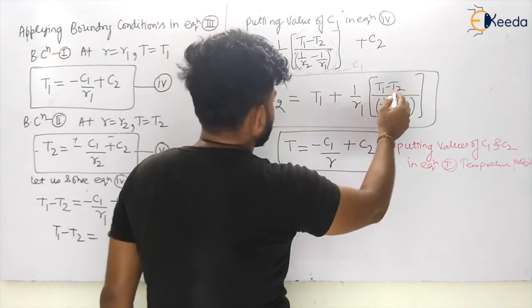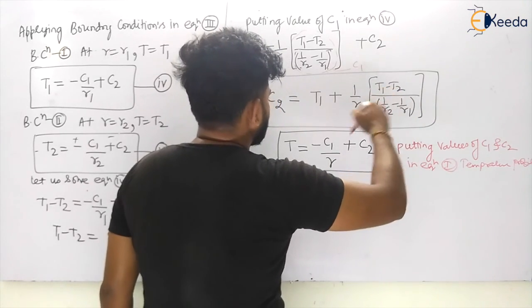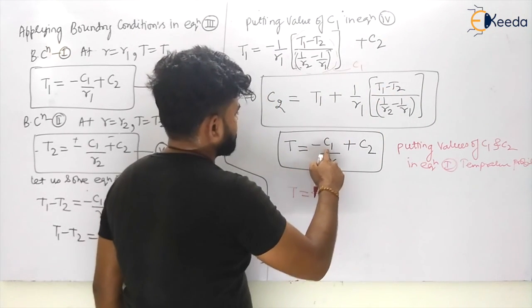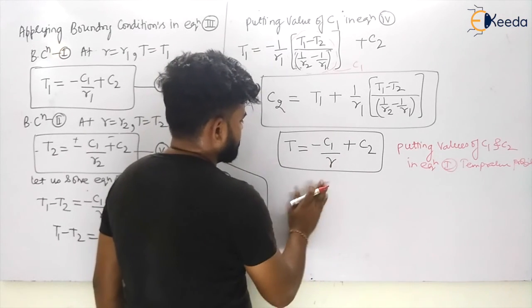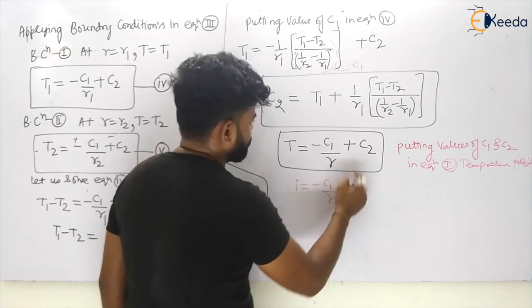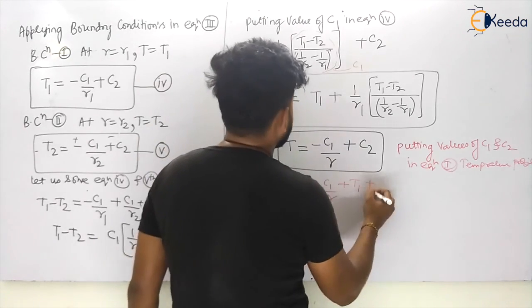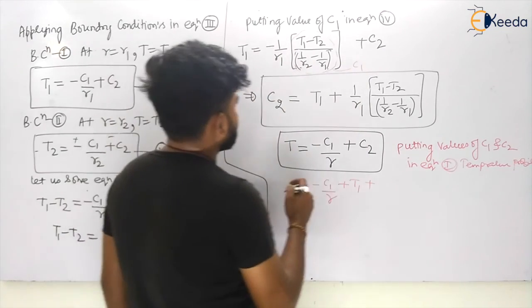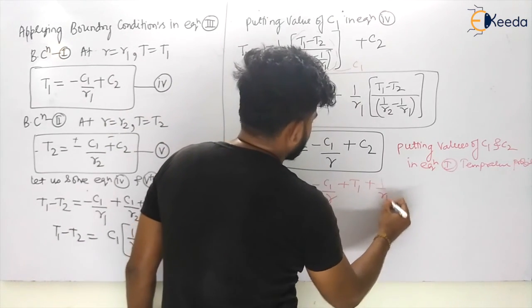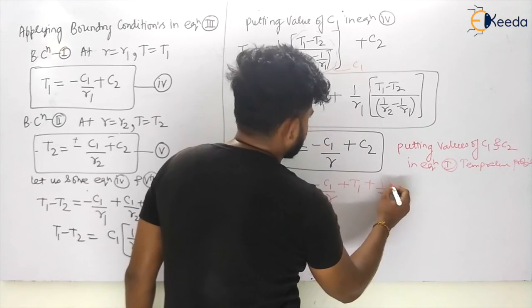C1, this is again T1 minus T2. This is C1. So T is equal to minus C1 upon R plus C2. So what will be C2? This will be T1 plus 1 upon R1 into C1.